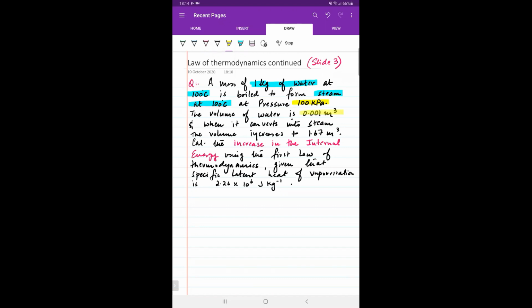The volume of water is 0.001 meter cube, and when it converts into steam, the volume increases to 1.67. And the question is asking us to calculate the increase in the internal energy using the first law of thermodynamics, and specific latent heat of vaporization is given to us, which is 2.26 times 10 to the power of 6.